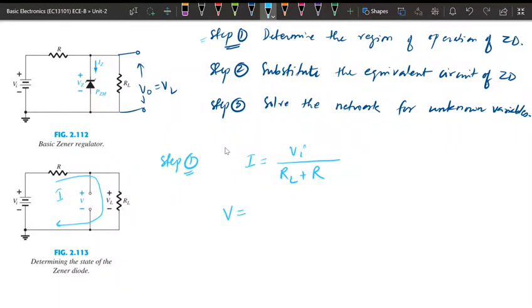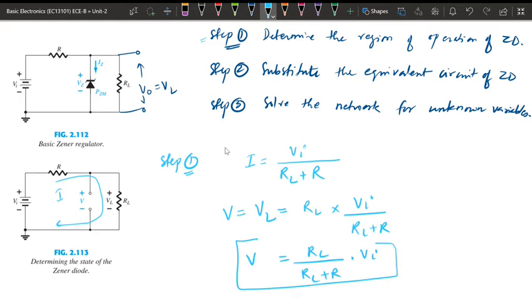So V will be equal to the voltage across this load resistor, given by the current flowing through this network multiplied by the load resistance RL. The current is Vi divided by RL plus R. So V is equal to RL divided by RL plus R multiplied by the input voltage. Okay, so this will be the voltage that is obtained.